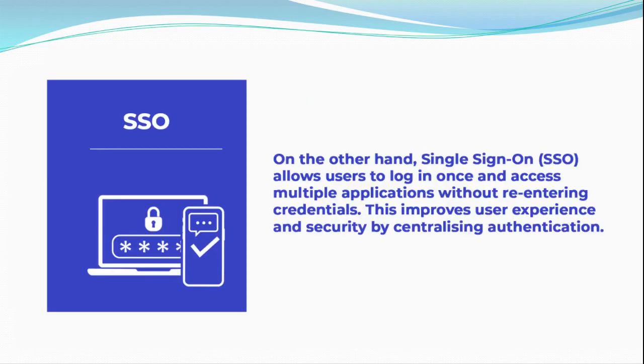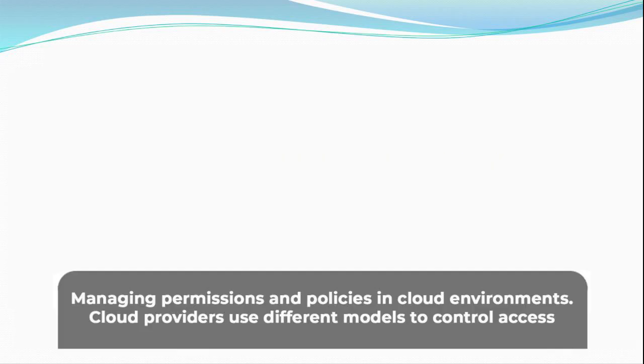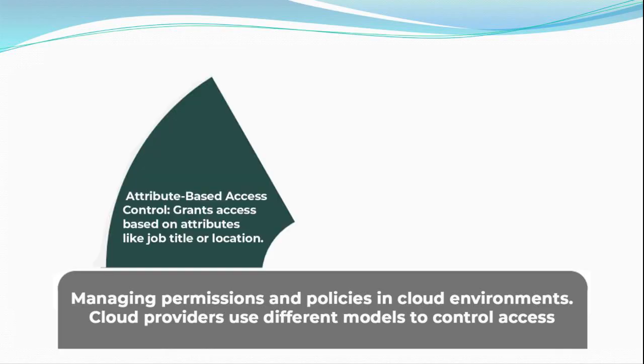On the other hand, single sign-on, SSO, allows users to log in once and access multiple applications without re-entering credentials. This improves user experience and security by centralizing authentication. Now, let's talk about managing permissions and policies in cloud environments. Cloud providers use different models to control access. 1.